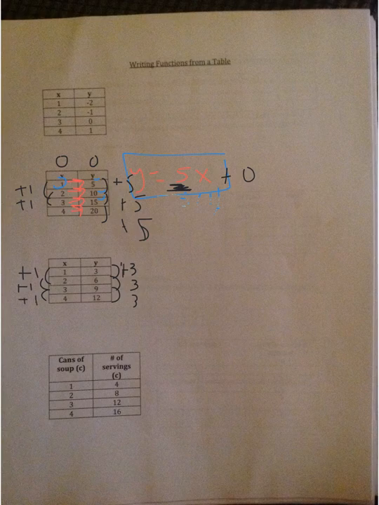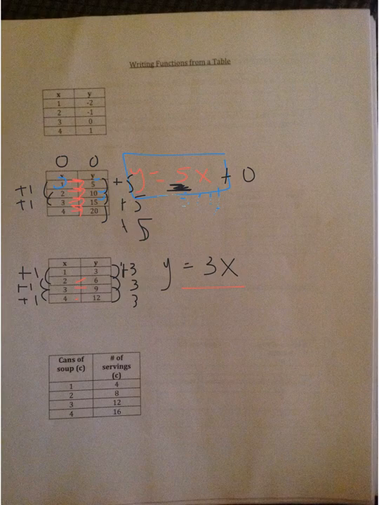So looks like we've got a rate of change of 3, and you have y equals 3x. 3 times 1 is 3. 3 times 2 is 6. 3 times 3 is 9. 3 times 4 is 12. So you've got y equals 3x is your function for this table.